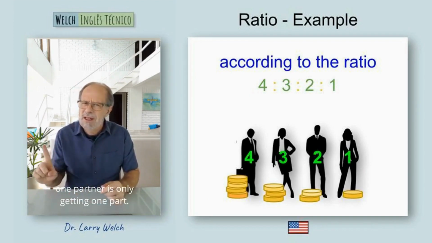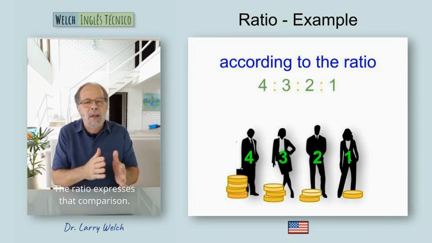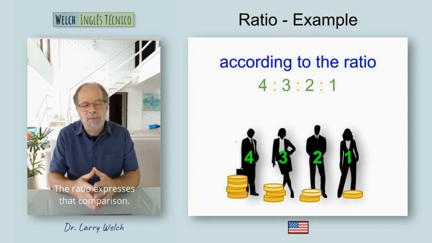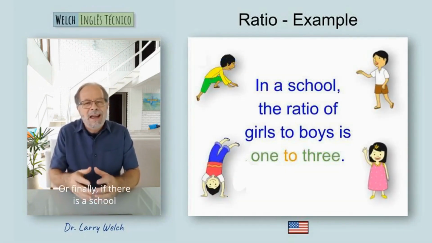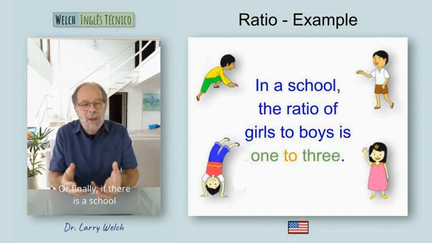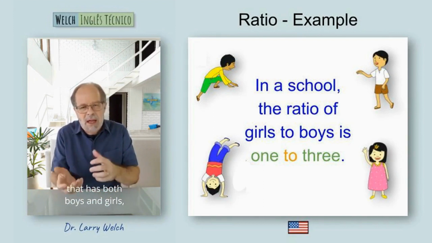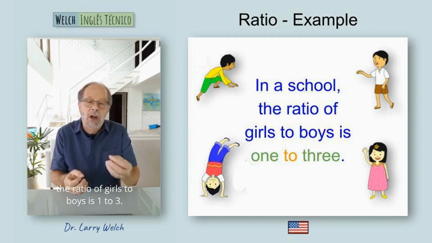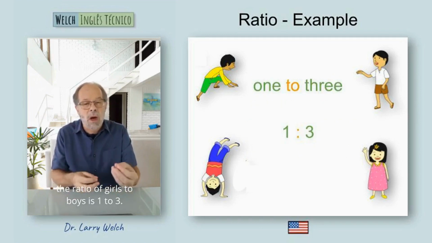One partner is only getting 1 part. The ratio expresses that comparison. Or finally, if there's a school that has both boys and girls, we could say that the ratio of girls to boys is 1:3.